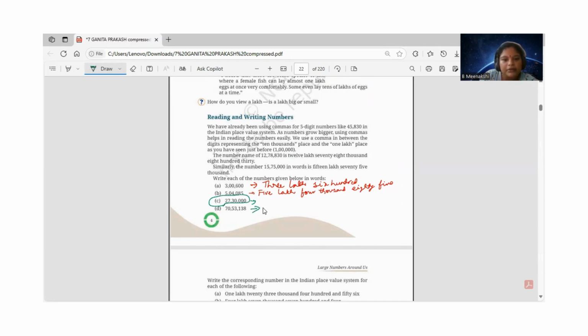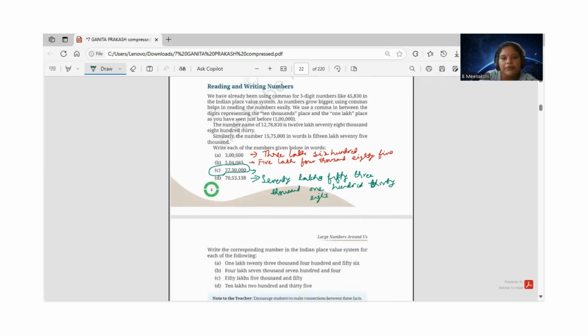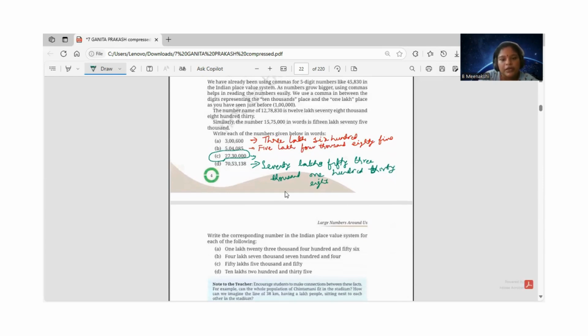I will do the D part: 70 lakh 53,138. So these are the number words that we are supposed to write. So this is how you read the number.